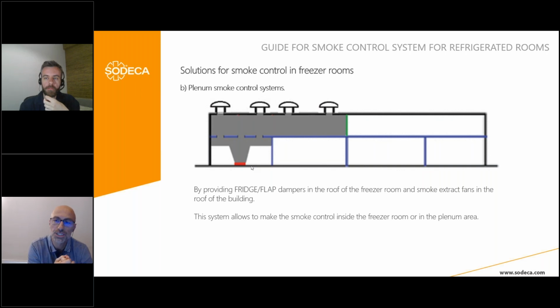But to use this system, the guide from the fire safety cluster in the Barcelona area specifies that the space above the refrigerated room, the plenum, must be a non-occupied or only occasionally occupied zone, used exclusively for equipment inspection and maintenance.